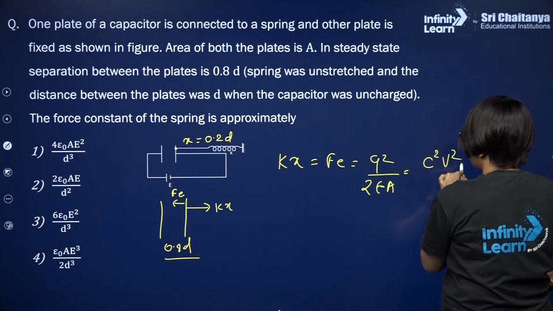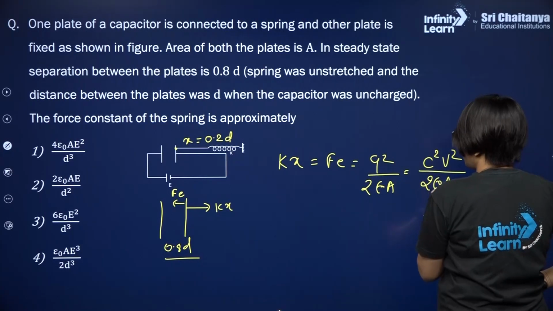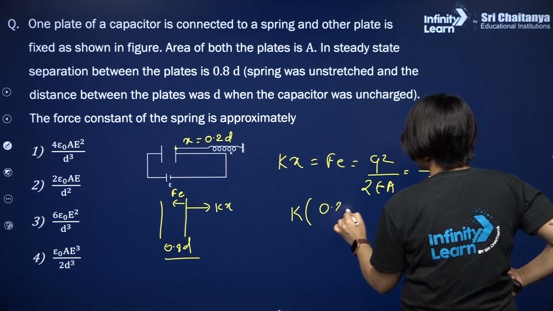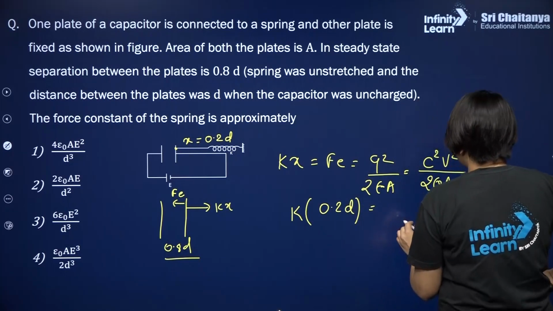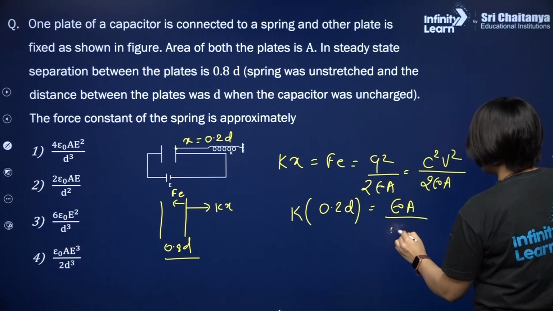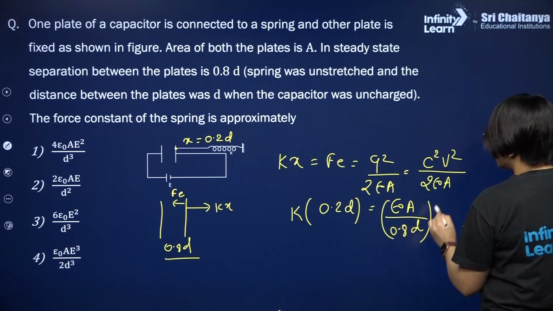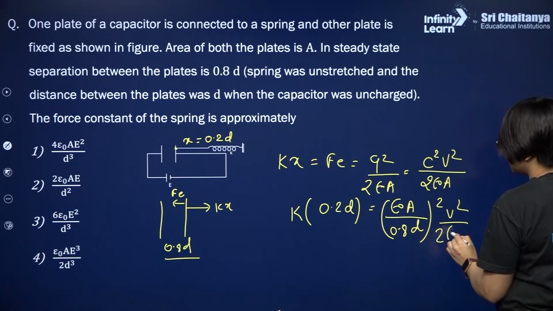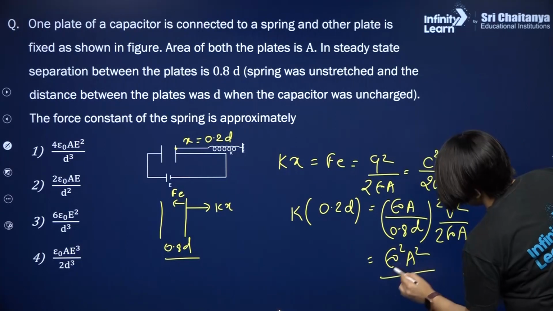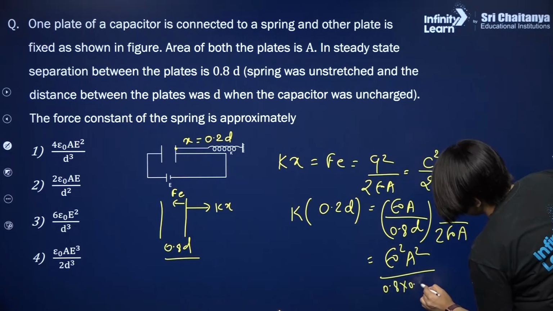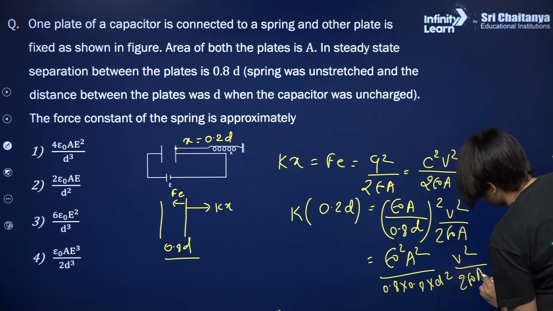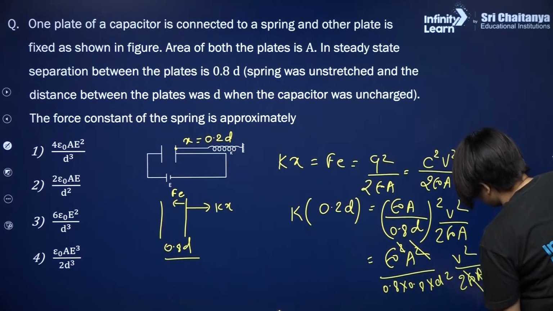So this is C square V square upon 2 epsilon naught A. Now, K is unknown, x is 0.2d, C is epsilon naught A upon 0.8d, whole square, into V square upon 2 epsilon naught A. So this is epsilon naught square A square upon 0.8 into 0.8 into d square into V square upon 2 epsilon naught A. Epsilon naught A cancels.